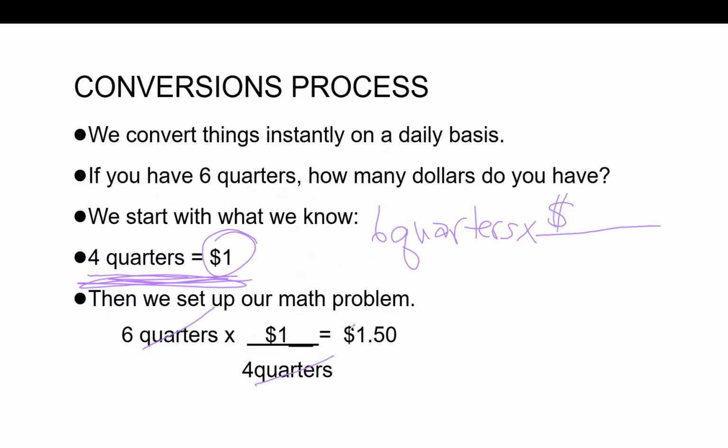What we want to get rid of and cancel out, this is why units are really important, we put on the bottom. So quarters go on the bottom. We know that for every $1, we have 4 quarters. So this ratio comes from this that we know to be true. My quarters cancel out, so 6 times 1 divided by 4 gives me $1.50.